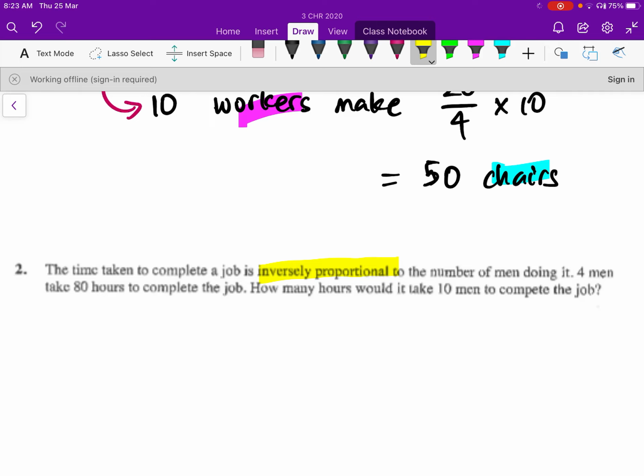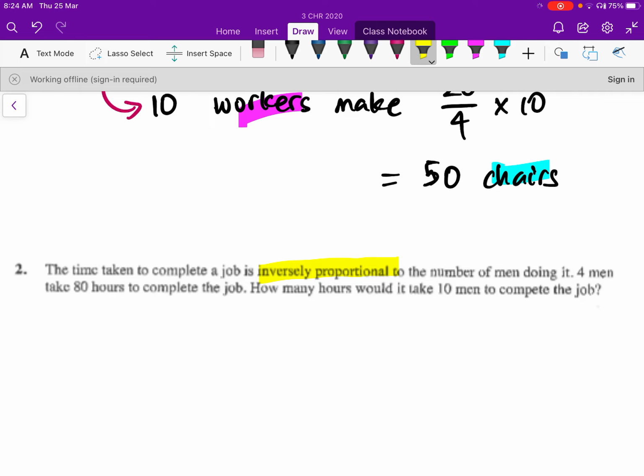The more people work on the same job, the less time you need. So this is the difference. In the previous question, the more people working, the more chairs you have. Now, the more people working, the less time is required. So it is the opposite. They call it inversely proportional.